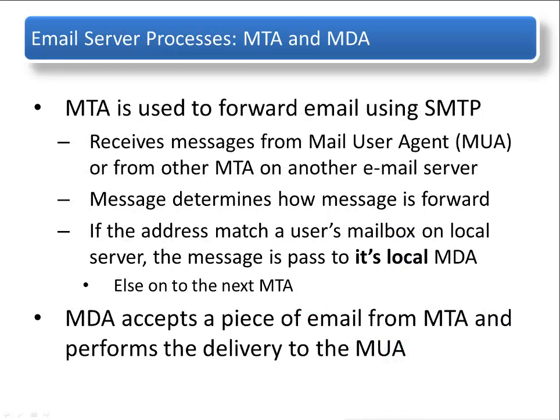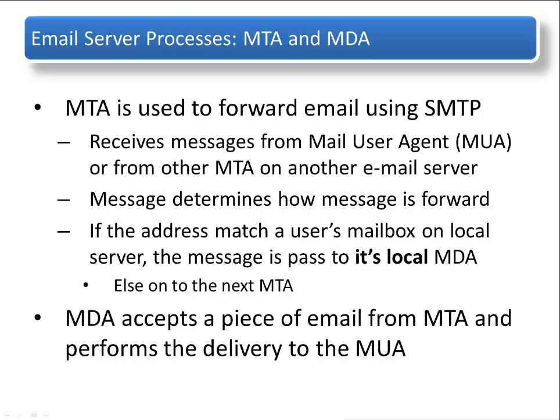A user sends or receives email from the client's mail user agent, such as Outlook, web browser, phone, etc. Any email that is sent from an MUA is first sent to the user's email server using SMTP. The email server will check to see if the recipient has an inbox on the server.